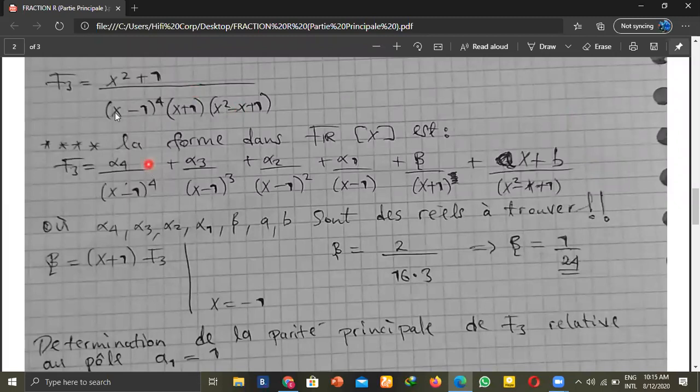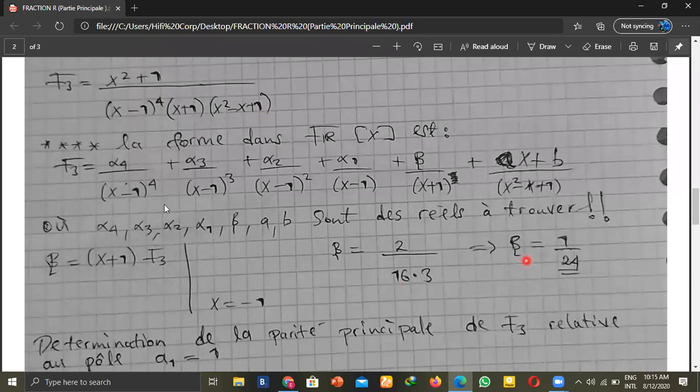So now we put the -1 here, -1 here, -1 here, -1 here. Here it's cancelled, so I'm not going to do anything here. -1 minus 1 is -2. -2 to the power 4 is 16. Here 1 plus 1 plus 1 is 3. This is how you will find your beta.